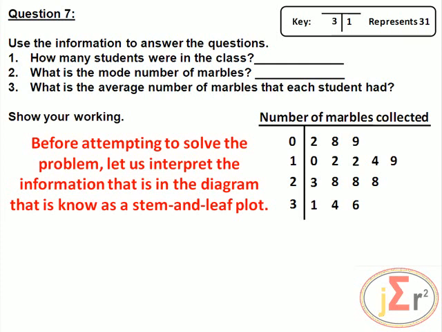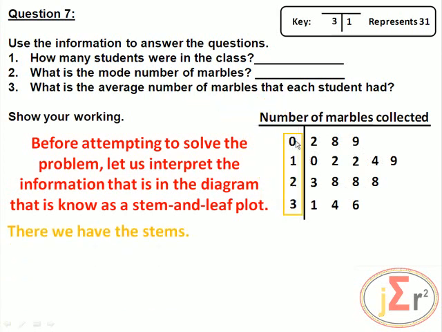In order to make use of the information, let us take a look at how information is represented in a stem and leaf plot. First, we need to identify this as a stem and leaf diagram, and then make use of it in order that we may arrive at the correct conclusions.